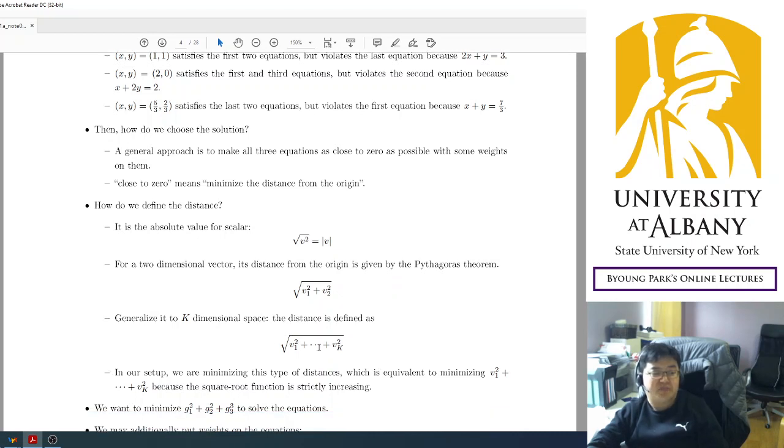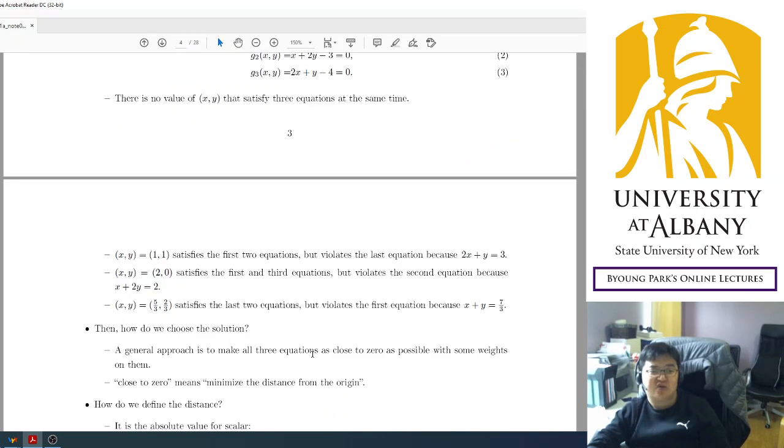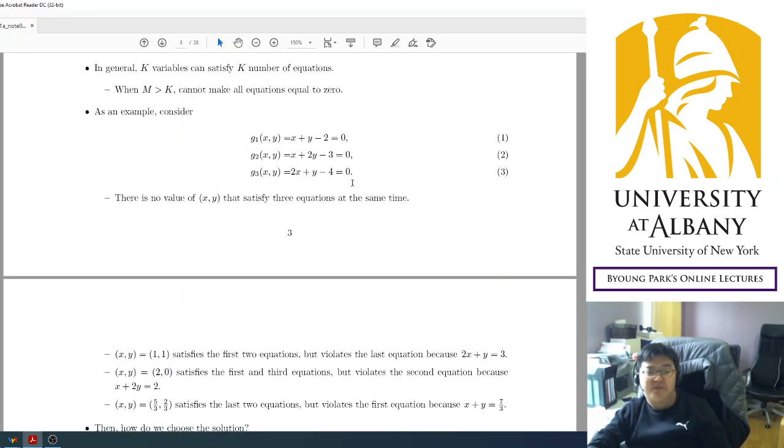Then how do we apply this? We are going to minimize. So you have three things to minimize, and to minimize all the equations at the same time, we will consider a three-dimensional vector. So G1, G2, G3 make a three-dimensional vector.